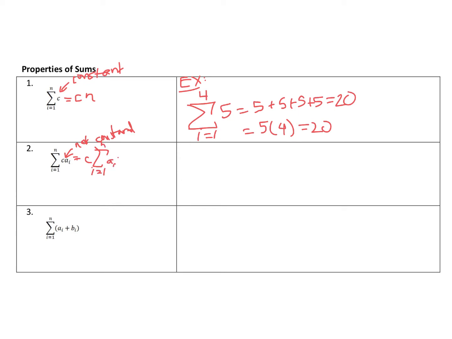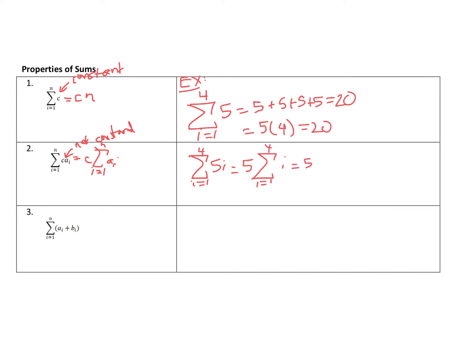Okay, so let's do an example. So let's say instead of having 5, I have 5i. I am allowed to pull the 5 out front and just be left with I there.